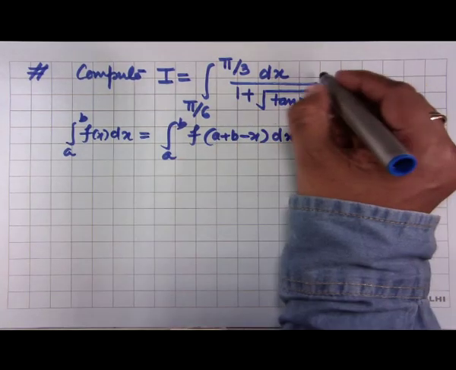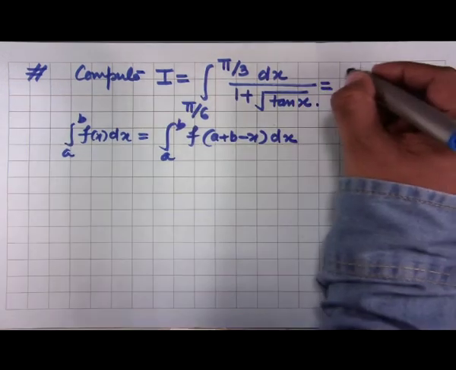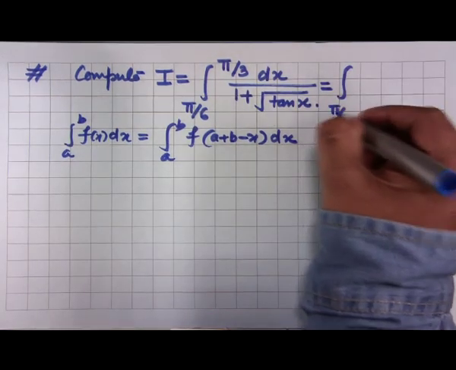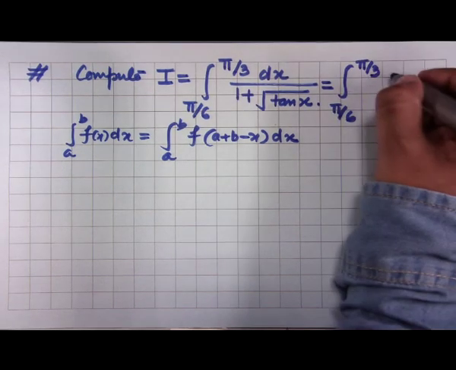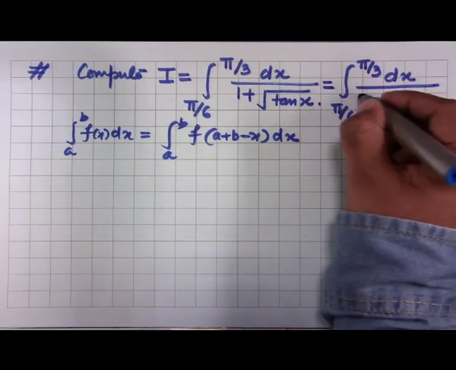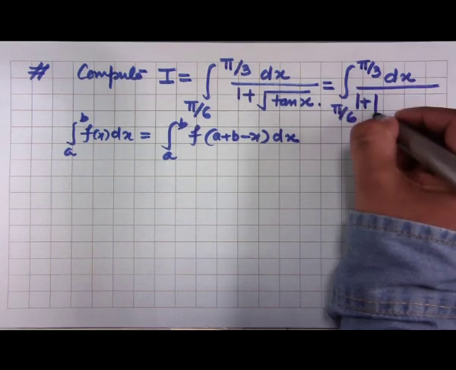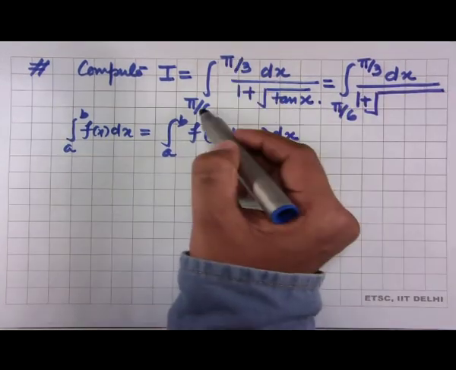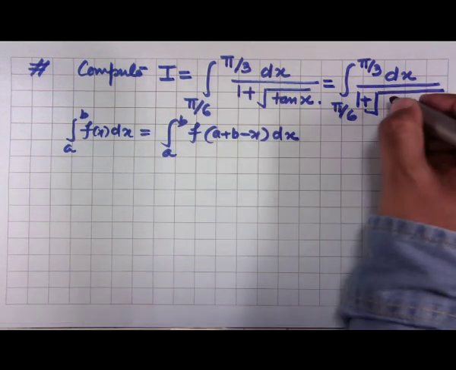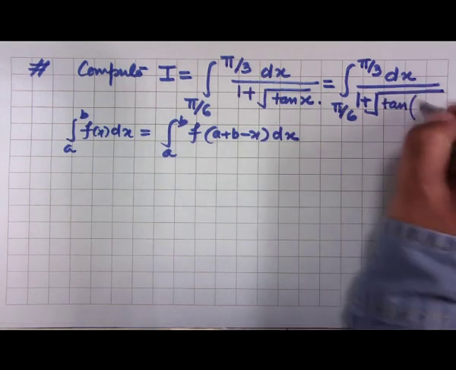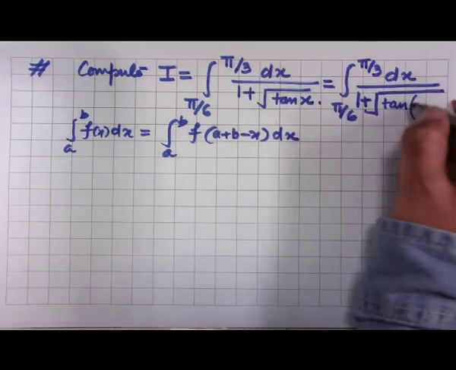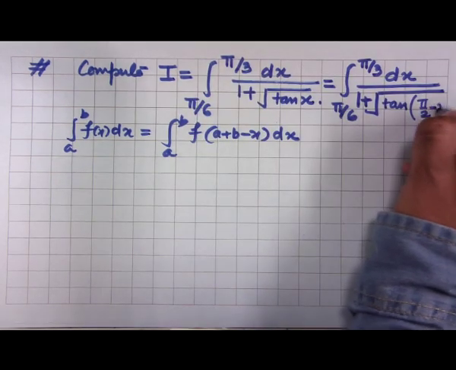So this you can write immediately as pi by 6 to pi by 3, dx by 1 plus... pi by 3 plus pi by 6, this is 60 degrees, this is 30 degrees. So you will get a plus b is pi by 2, so pi by 2 minus x.